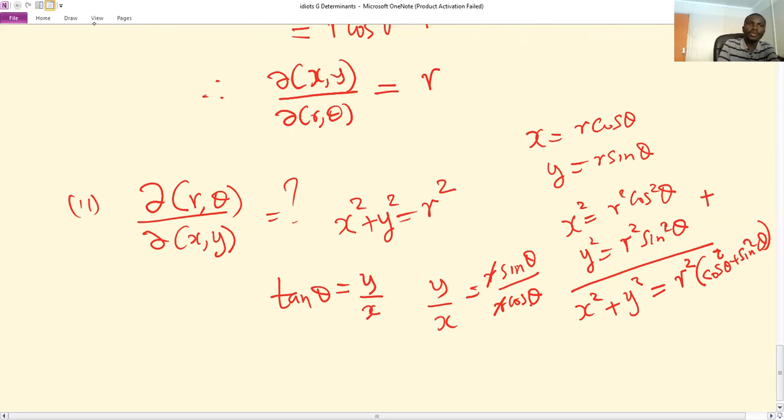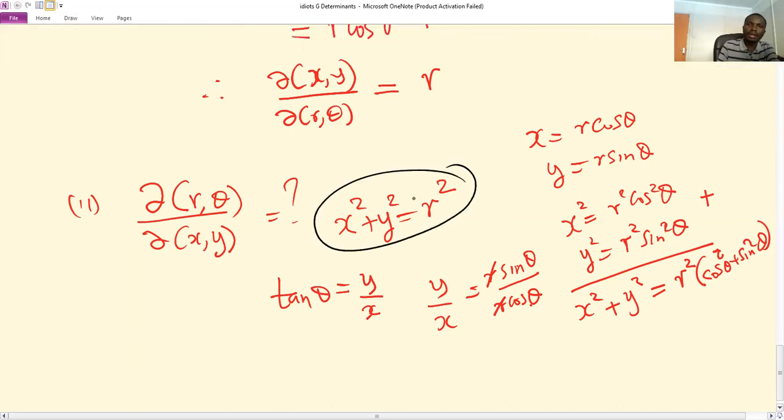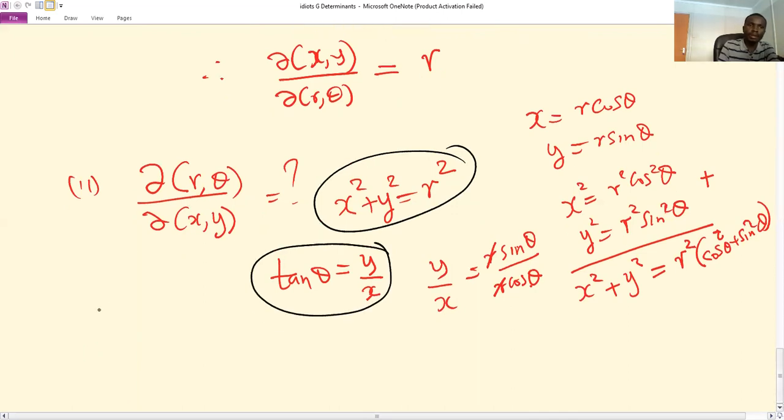So we are now going to use these two to get the Jacobian of r theta with respect to xy.